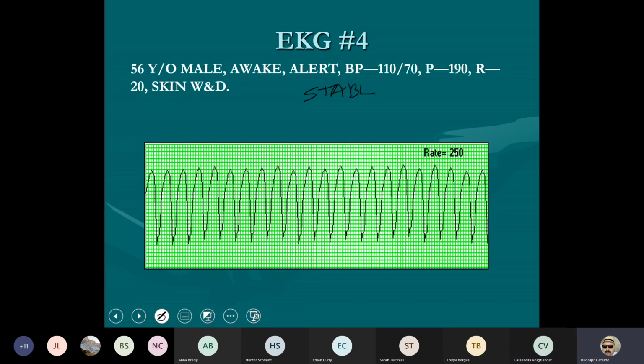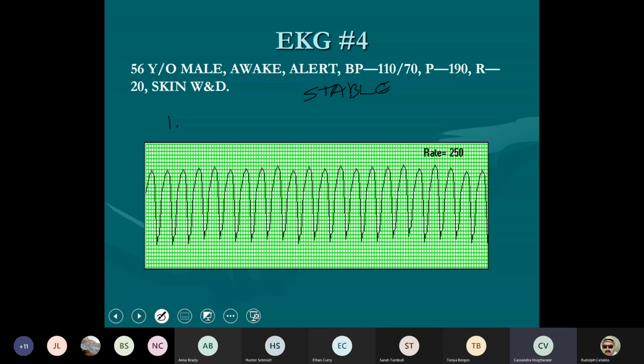That's a stable patient. What is the first thing that we can do to try to slow his heart down? Like without medication.